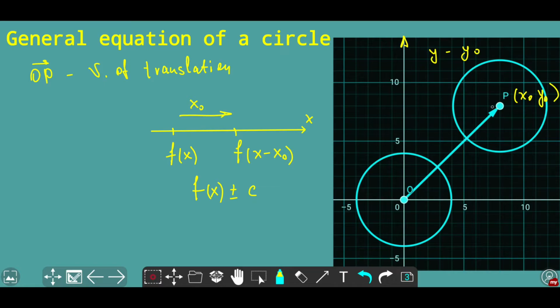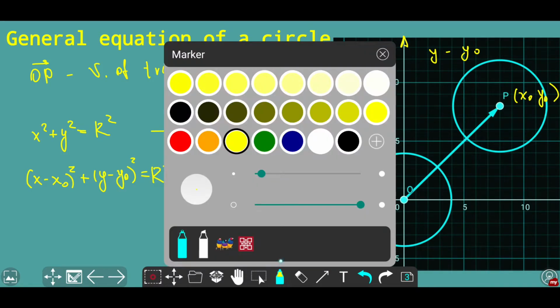And finally, if you have the original equation x squared plus y squared equals r squared, and you apply this rule, you will get the following structure: x minus x0 squared plus the same for y equals r squared. And that's going to be the equation of the circle.